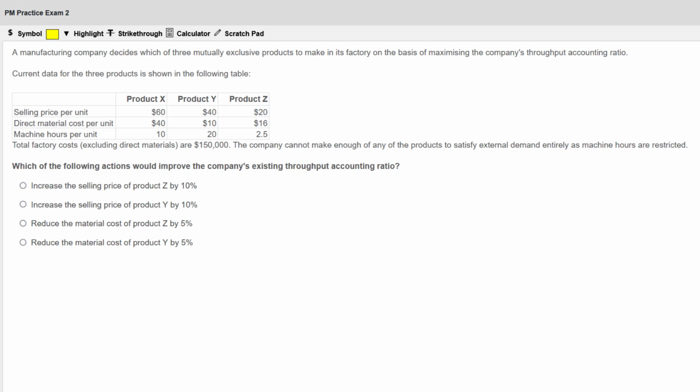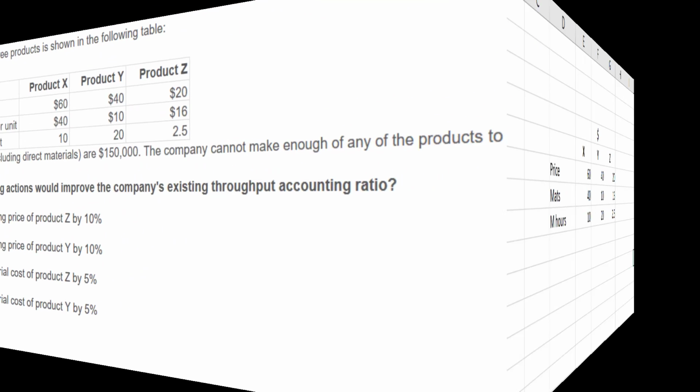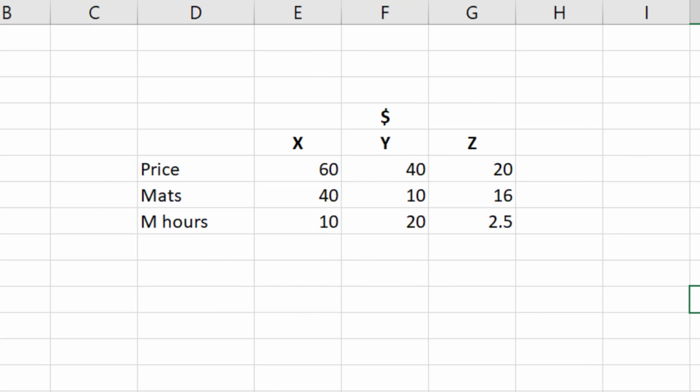At this point, guys, I want to go to a spreadsheet just to review something with you. I have the numbers reproduced in this spreadsheet, and we are trying to make a production plan decision. And the criteria we'll use to make that decision is throughput contribution per hour. So I'm going to make a new row here, throughput contribution, and another row, throughput contribution per hour.